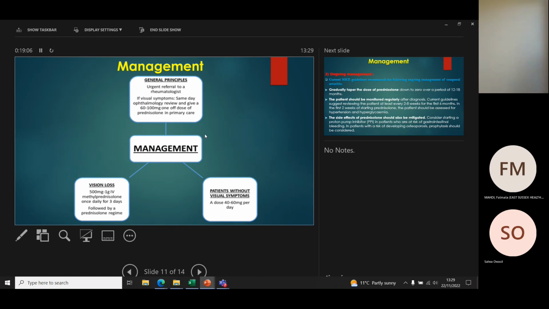Any hour of delay in starting steroid may threaten the eyesight. That's why steroid is very important to be started as soon as possible after full history, full examination, and blood investigations. If all of these are highly suggestive of GCA, you have to start treatment at once, in addition to your referrals.